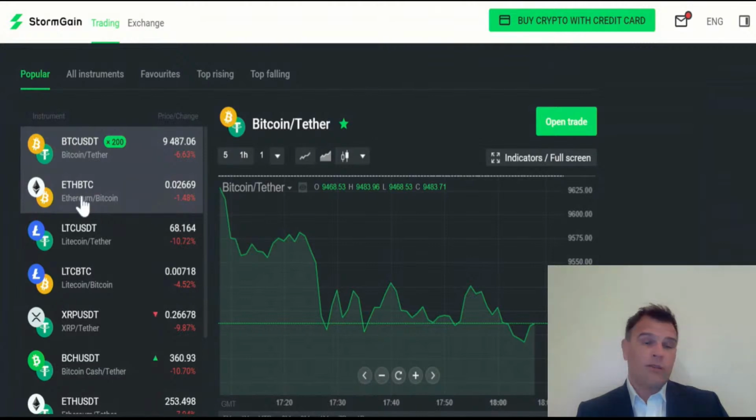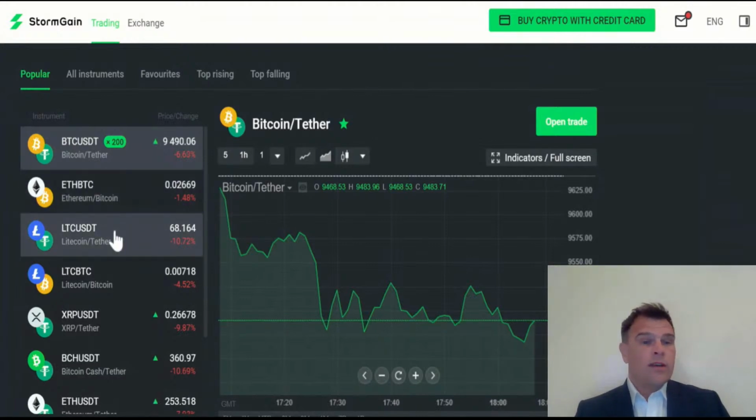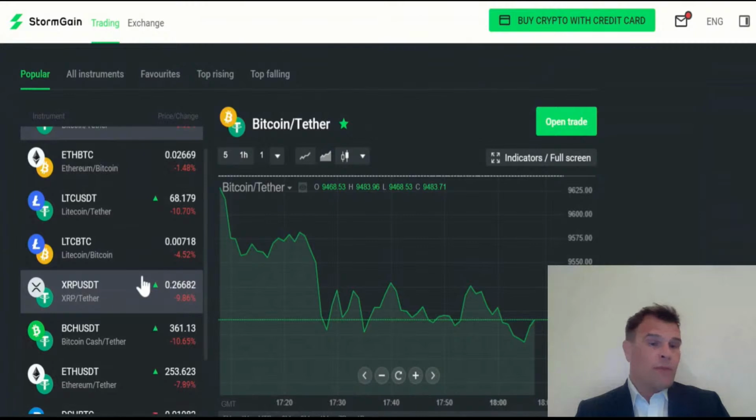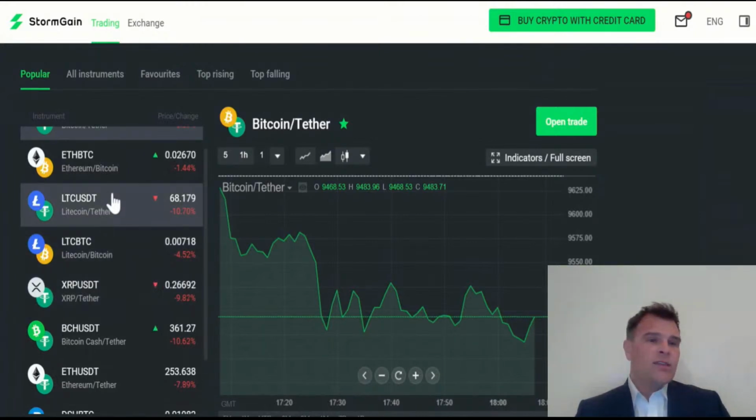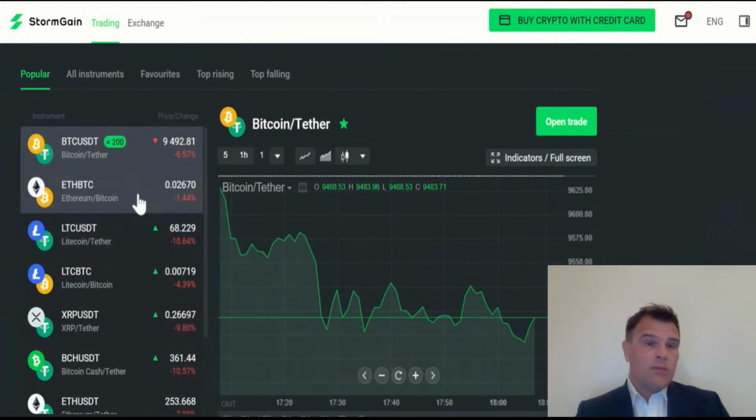We have Ether, Ethereum, we have Litecoin, Ripple against Tether, and we can also trade these against each other. So here we have Ethereum against Bitcoin. And these are just the price changes on the day here at the side.